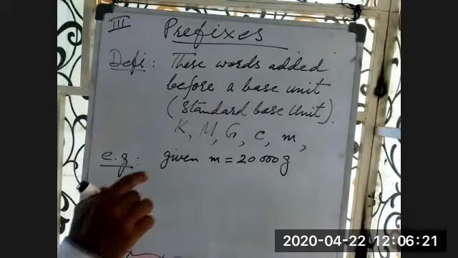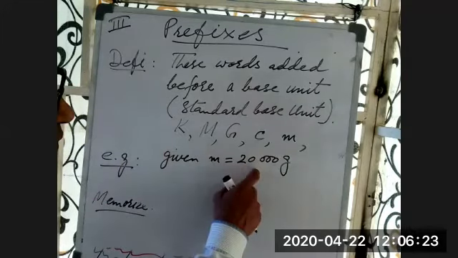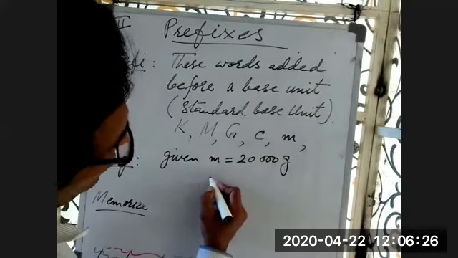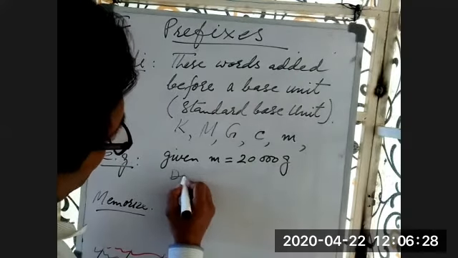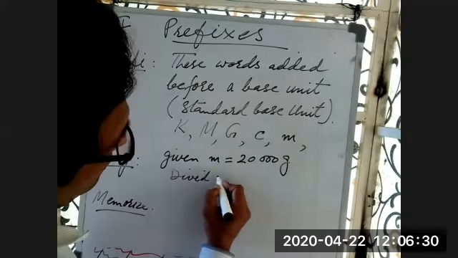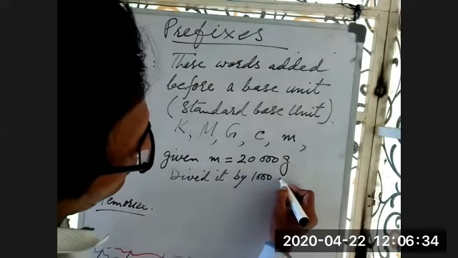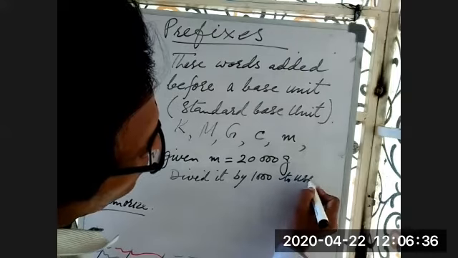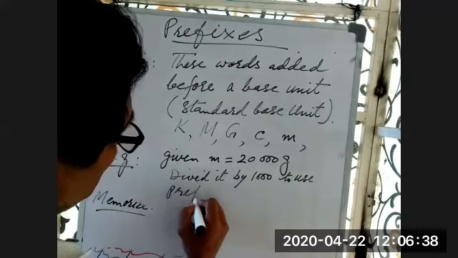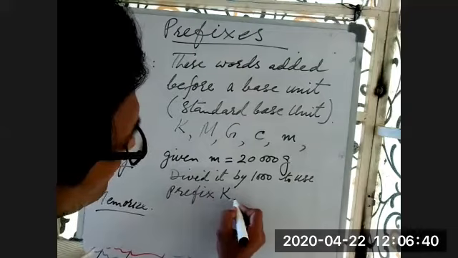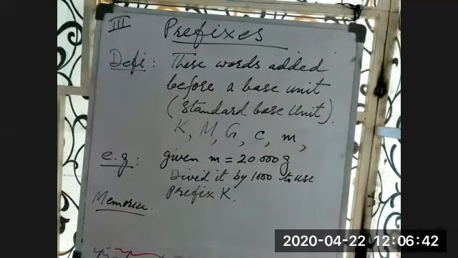Therefore, we will divide it by 1,000 to use the prefix k, kilo.